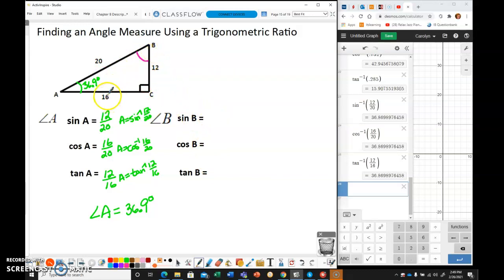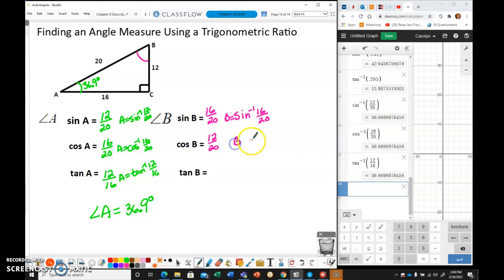So up here is B. Sine is opposite over hypotenuse, so that's 16 over 20. So to find the angle measure, we're going to do the inverse sine of 16 over 20. The cosine of B is equal to the adjacent over the hypotenuse, which is 12 over 20.